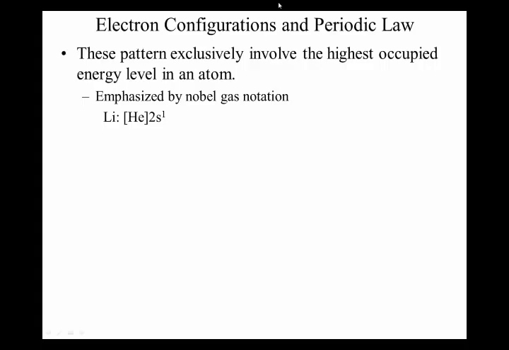And that's honestly why we use the noble gases as the notation, because they represent a sort of representative atom before you go to the next and last shell, right? So when we use noble gases, we say everything that isn't in the highest shell just is here, and then we can just focus on what really distinguishes that atom and its properties.